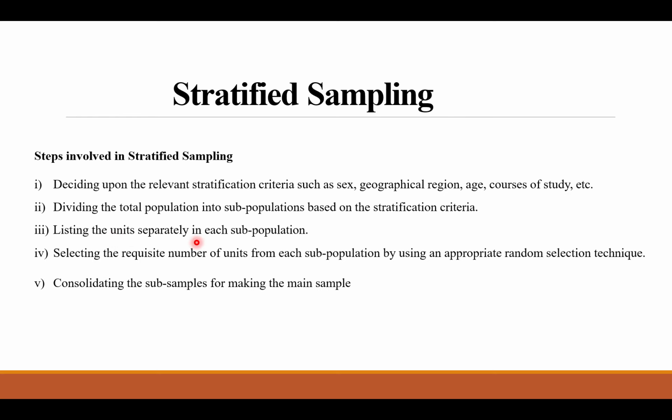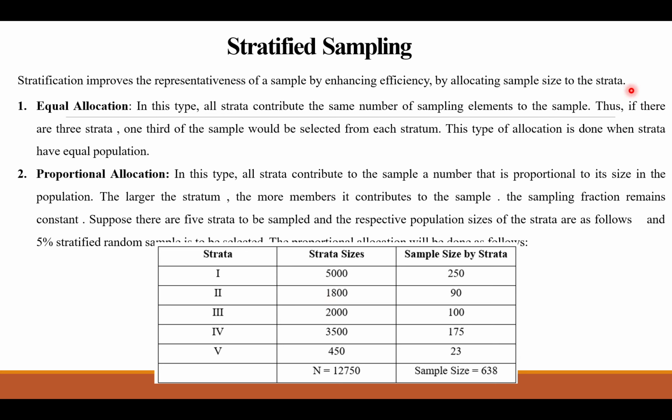We decide upon the relevant stratification criteria such as sex, geographical region, age, courses of study, etc. Then we divide the total population into subpopulations based on the stratification criteria. Then we list the units separately in each subpopulation, and select the requisite number of units from each subpopulation using the appropriate random selection technique. Then we consolidate the subsamples to make the main sample.